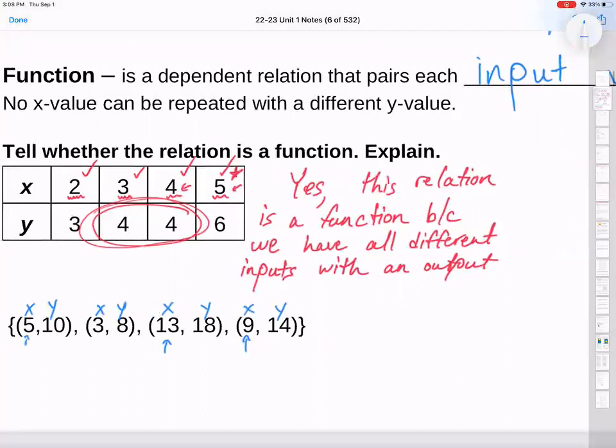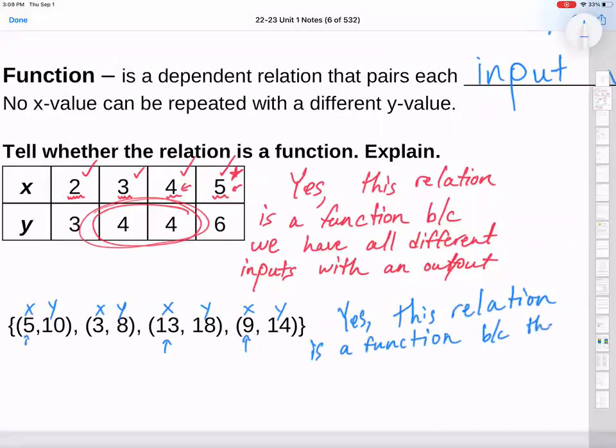So yes, this relation, pretty much repeating exactly what we just had for the red, is a function because there are no repeating x values, or x inputs.